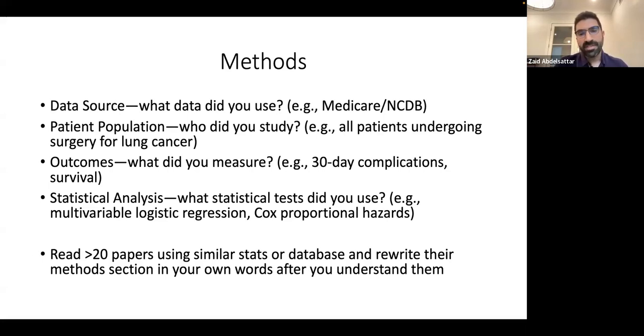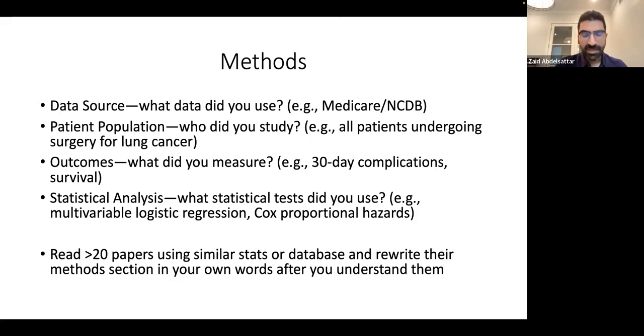So for example, in the previous study that I showed, we tested whether neoadjuvant chemoradiation or chemotherapy alone. So that's the exposure, whether chemo plus radiation or radiation alone. Our outcome was survival. So you have to describe it for the reader and the reviewer so that they can understand things, and it should be simple.